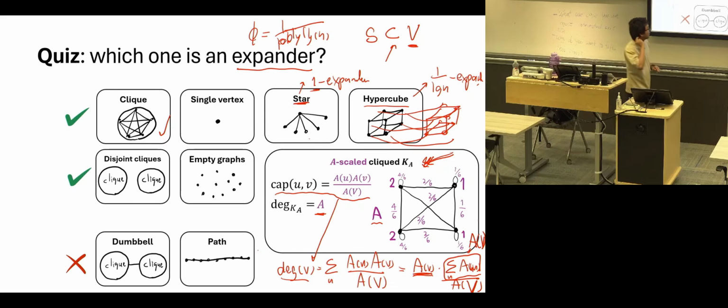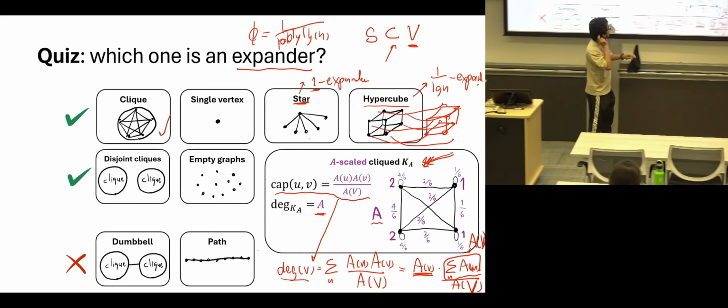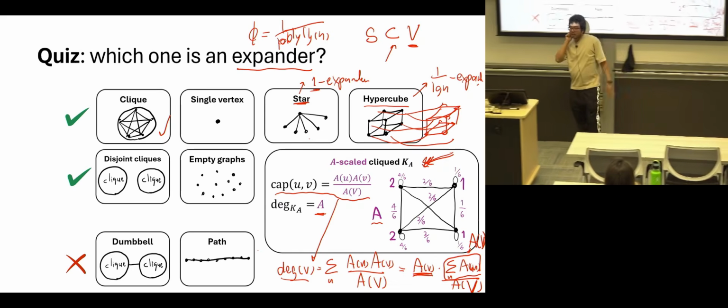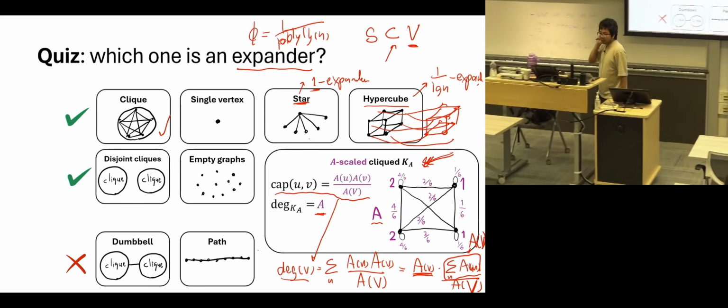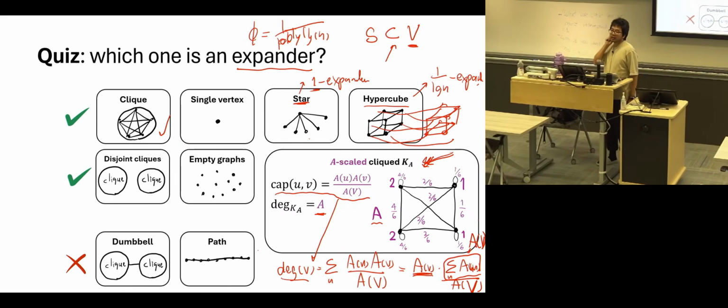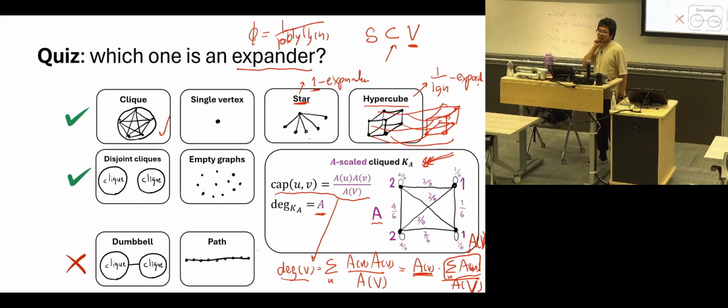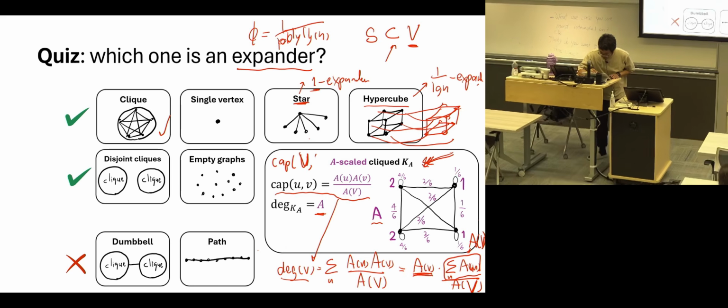And my claim is that, in the cap function, if U and V are sets, are we enumerating all the edges within those sets? If U and V are sets like U and V here, then you look at all edges crossing the two sets and sum them up.